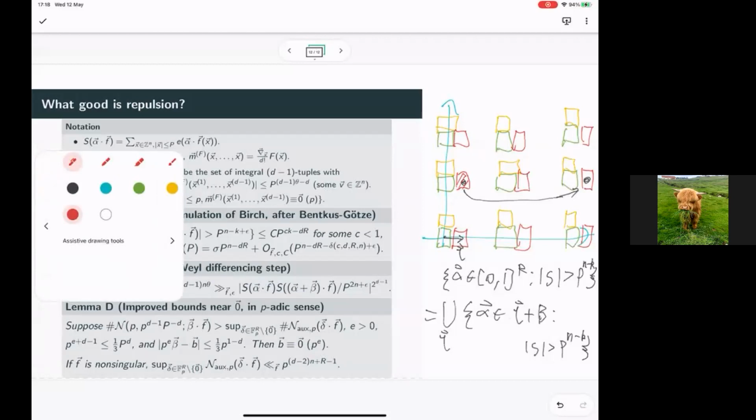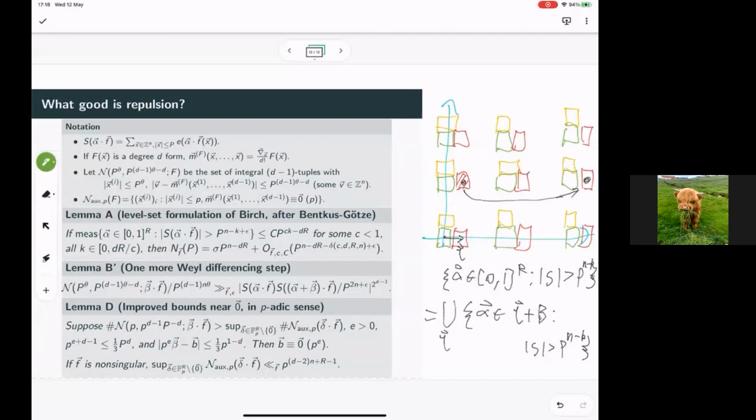So in some sense, this is not such an unreasonable thing to ask for, because in one sense, what this is expressing is that if we look at this exponential sum at a point a on p to the e, and if the prime p is reasonably large, then we sort of expect that one is on the minor arcs, and so the exponential sum ought to be small.